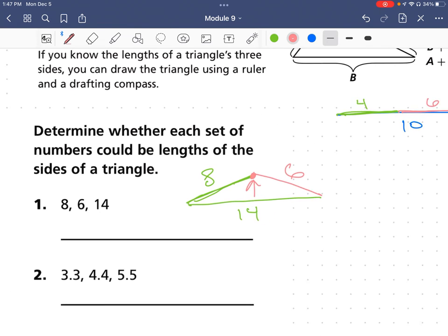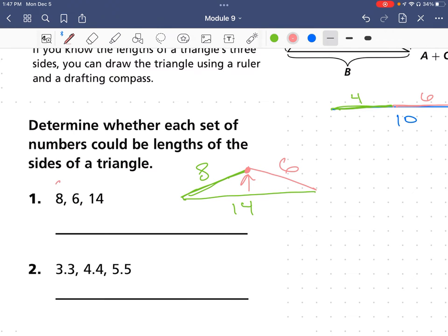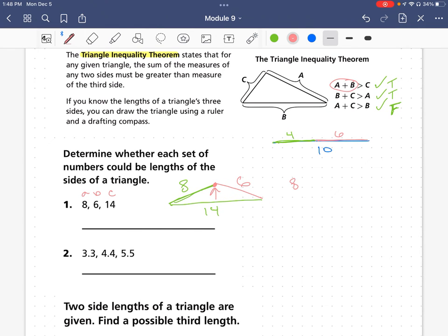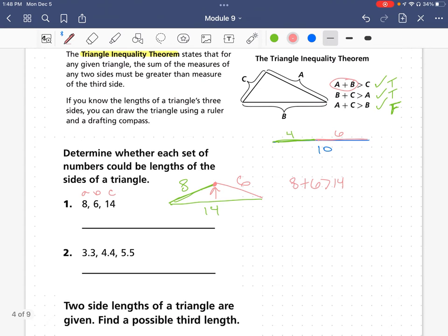So let's put some variables to this. This will be A, B, and C. So 8 plus 6 is greater, not than C, than 14. And then B plus C, is that greater than A? I'm just looking off of this up here.